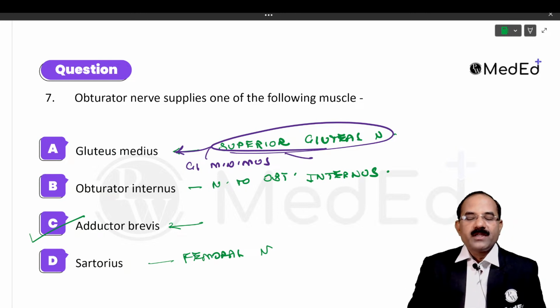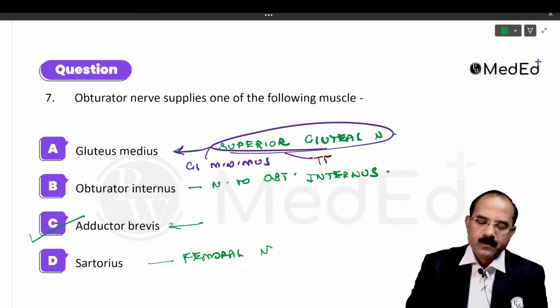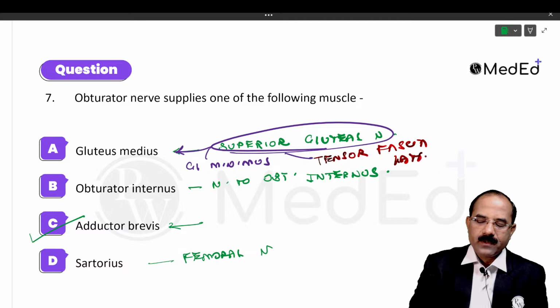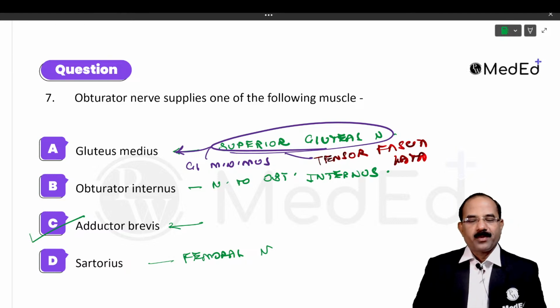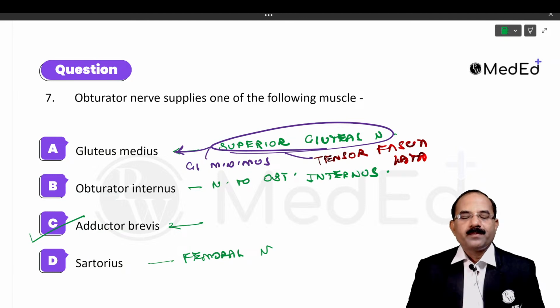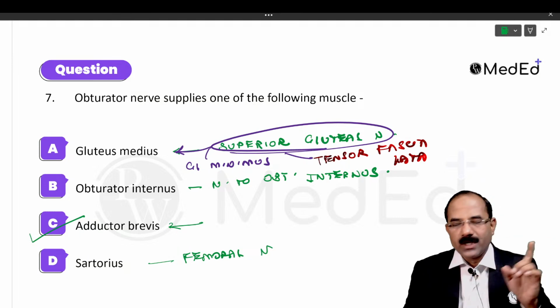The superior gluteal nerve supplies gluteus medius, minimus, and okay, I'll tell you, tensor fascia lata. ठीक है, ये याद रखना बच्चों. This is very important. नहीं, maximus नहीं बच्चा, pyriformis नहीं.